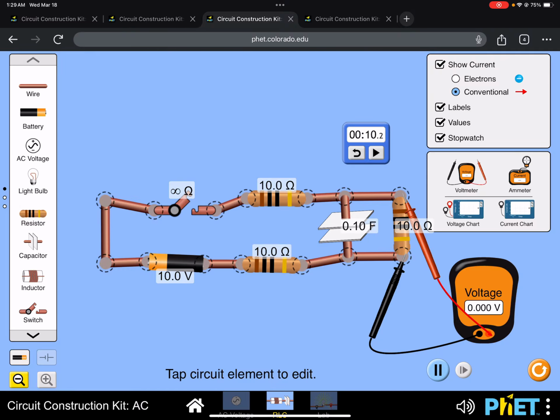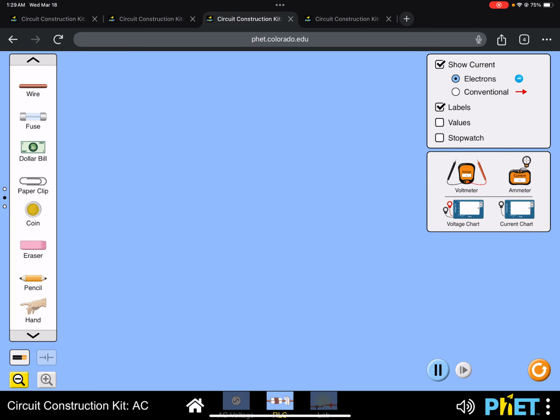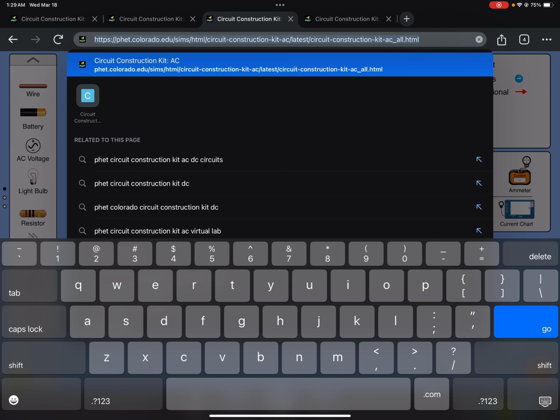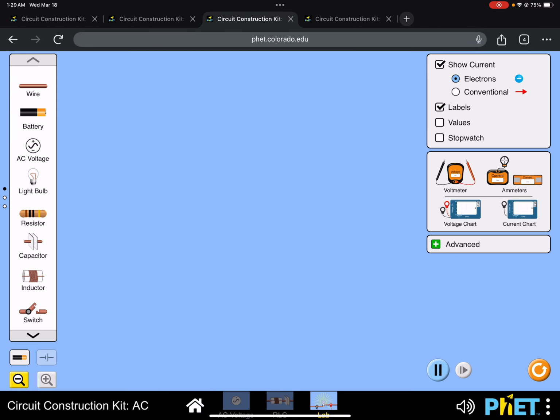So at this point, I am going to remove that circuit. Do I have real batteries here? No, I do not have real batteries. Wait, isn't there an advanced one? Oh, now I kind of regret doing this. Circuit construction kit AC. What if I do lab? Do I get real batteries?